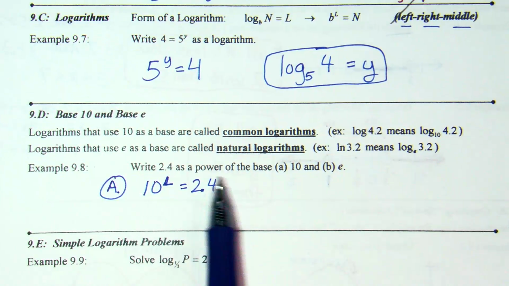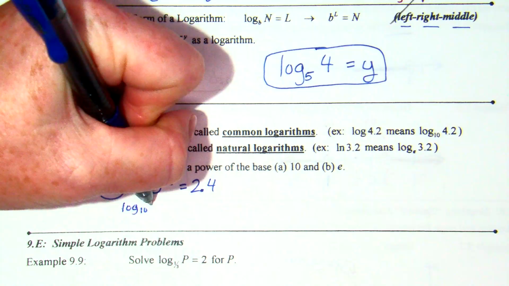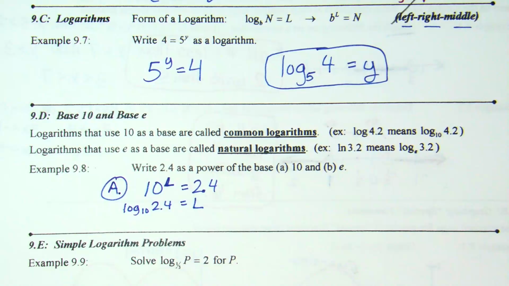So write 2.4 as a power of the base of 10. So 10 to some power equals 2.4. I want to know what L is. Okay, so if we undo this, we take it out of exponent form into log form. It's log base 10 of 2.4 equals L.